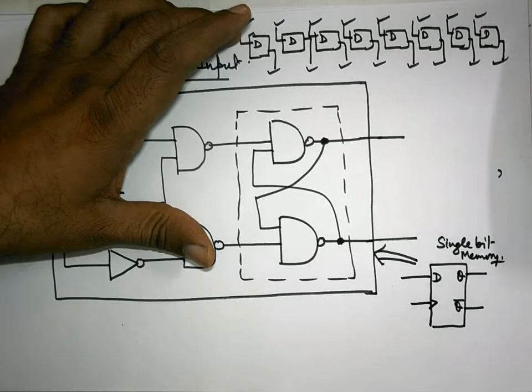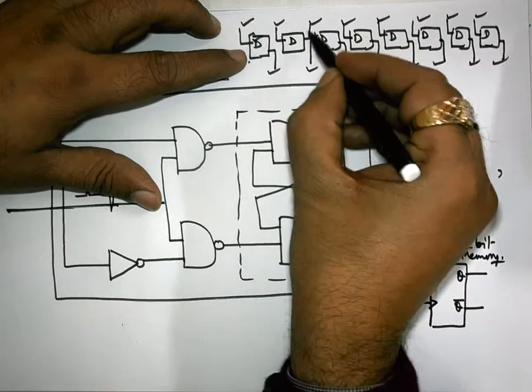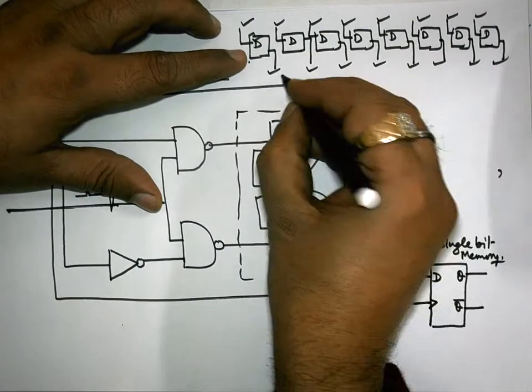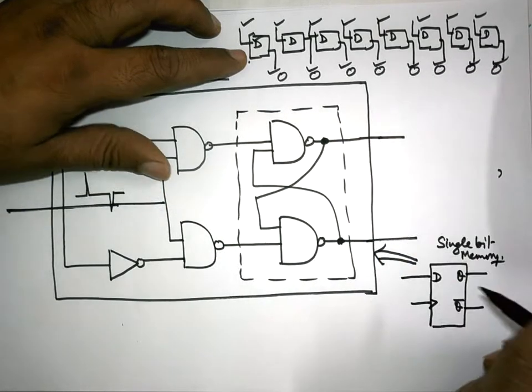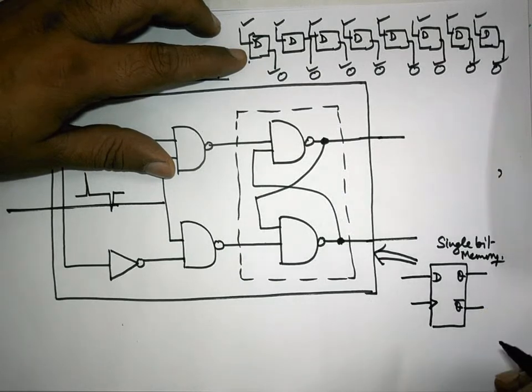Okay. Now suppose in some processing you wish to make output of all these memory elements equal to 0. You wish to clear or format your memory, and make the content of all the memory cells become 0.